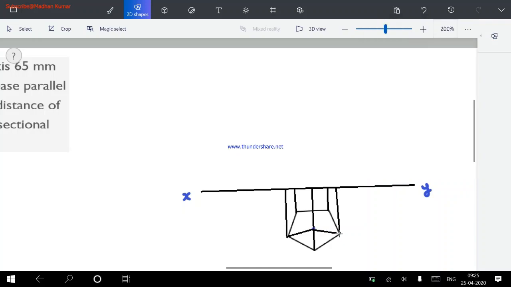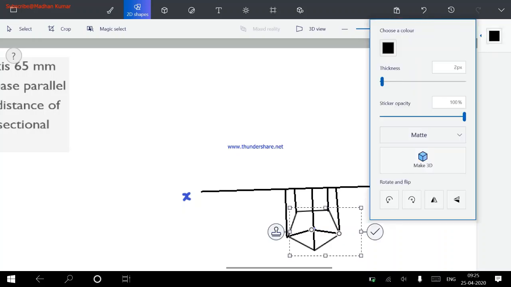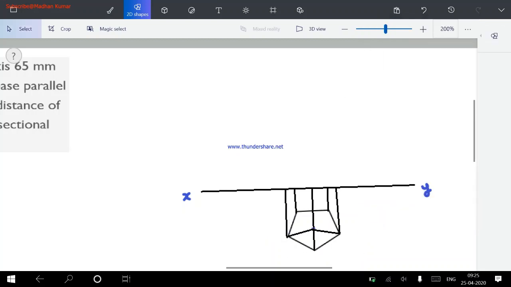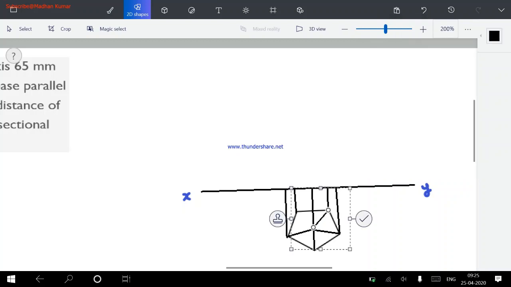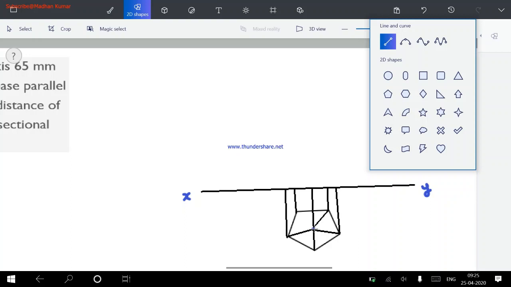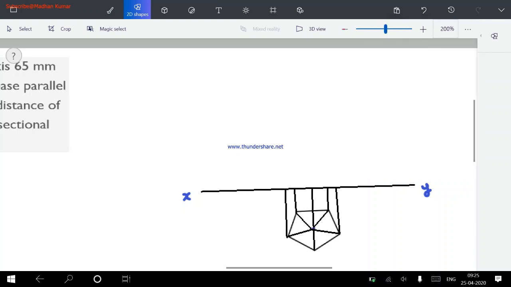What are the remaining parts? The remaining edges, that is the slant edges of the triangular surface. So totally there are 5 edges in the pentagonal pyramid, and these 5 edges make a triangular structure.